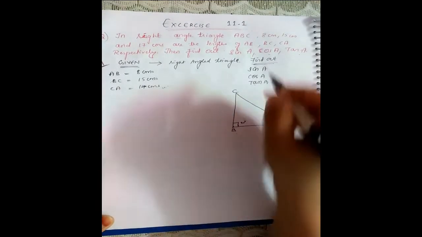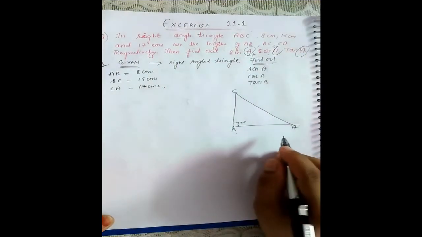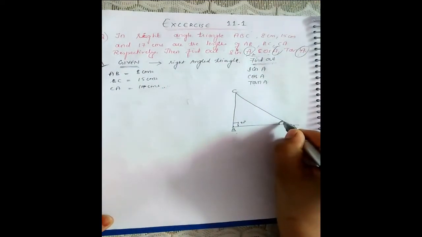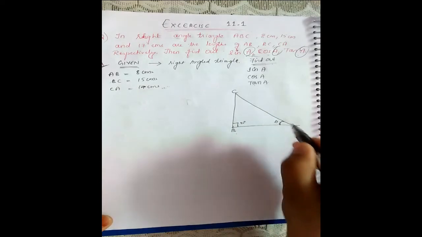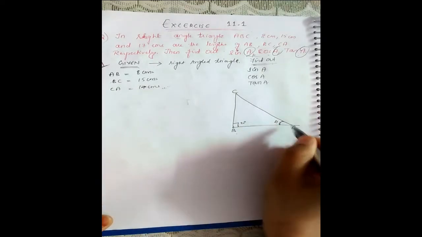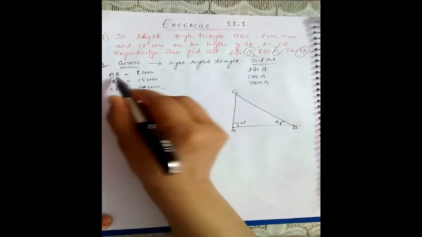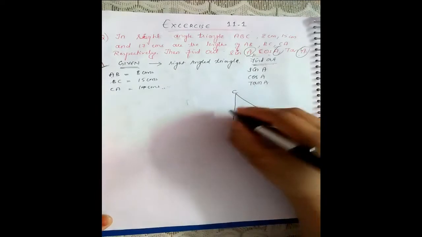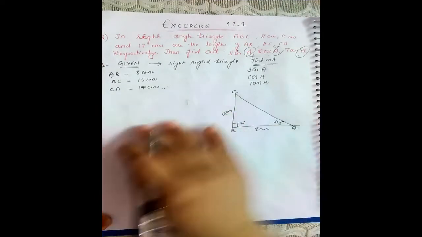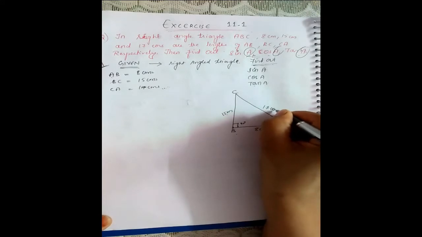Now since it's saying sine A and cos A and tan A, let's mark this angle as A. This can be theta, beta, anything. Because we have written it A, we'll take it A. Already given things are AB is 8 centimeters, BC is 15 centimeters, CA is 17 centimeters.